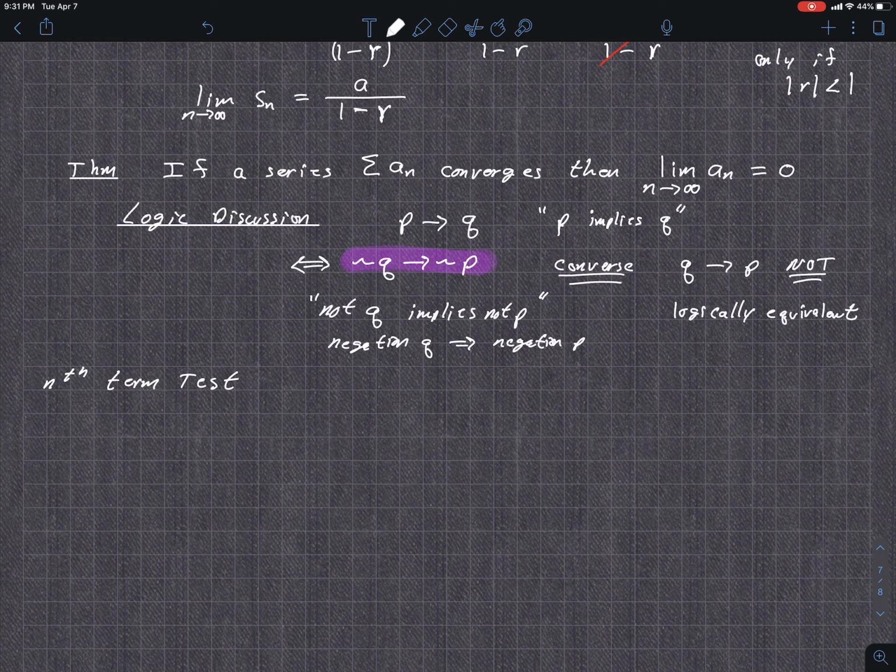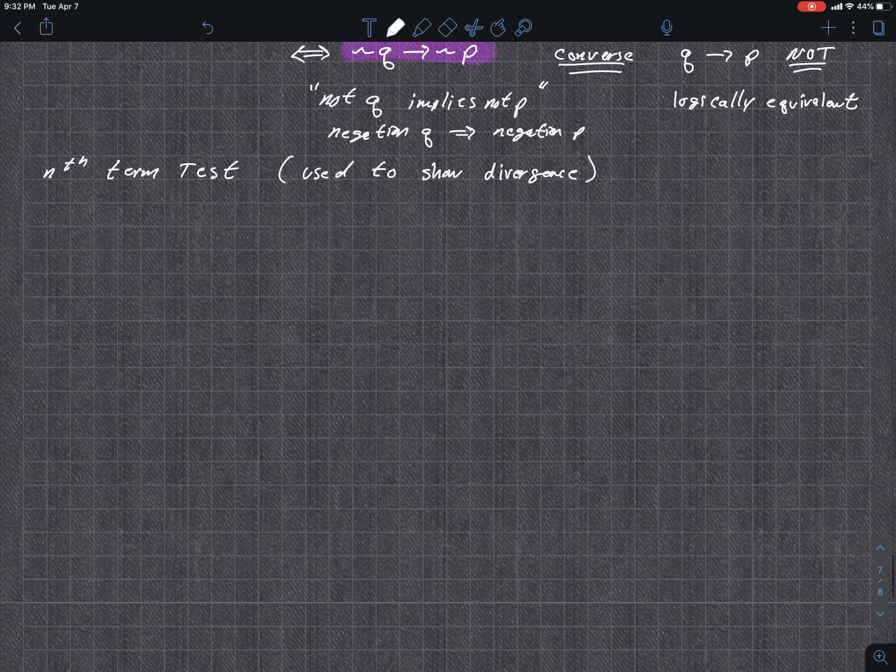Okay, so let's look at that. This is the nth term test. The nth term test is used to show divergence.